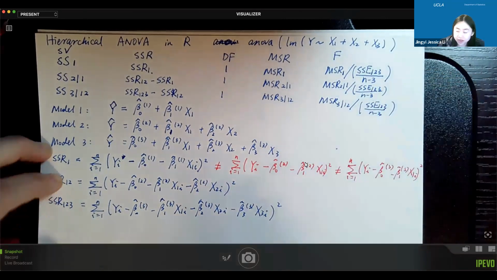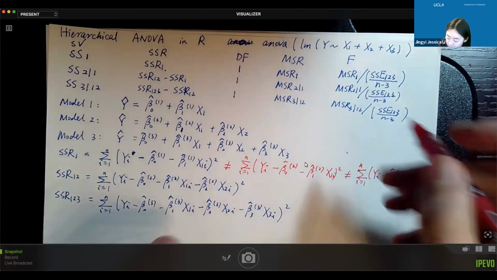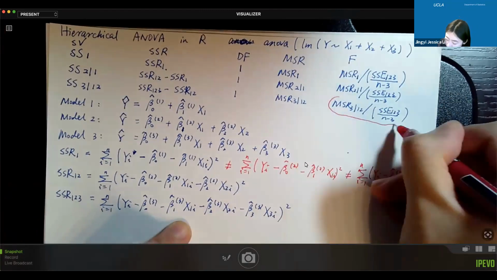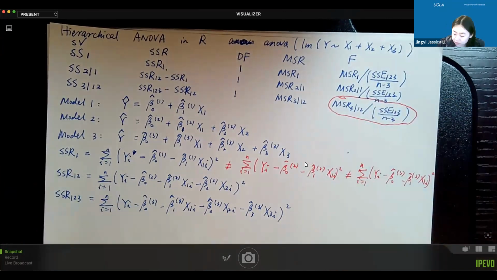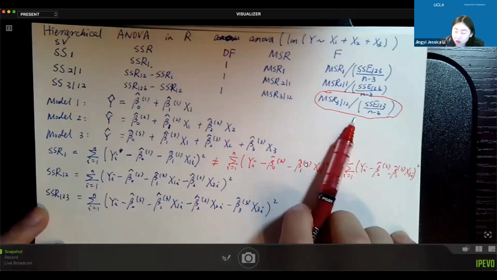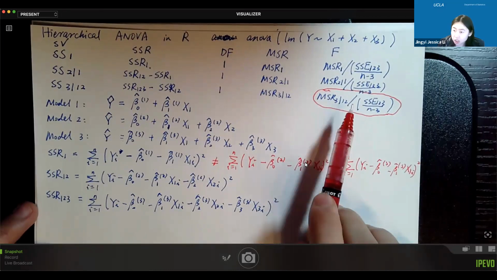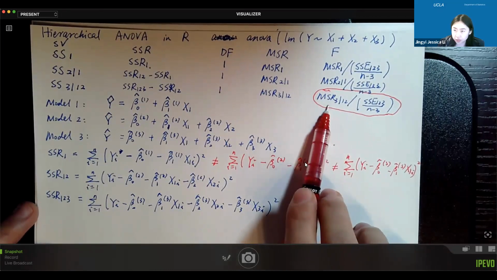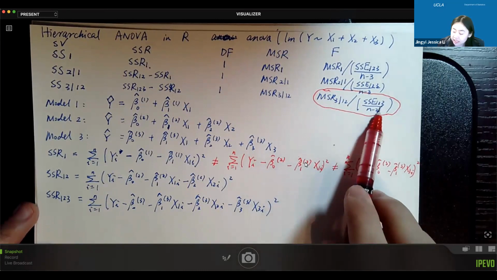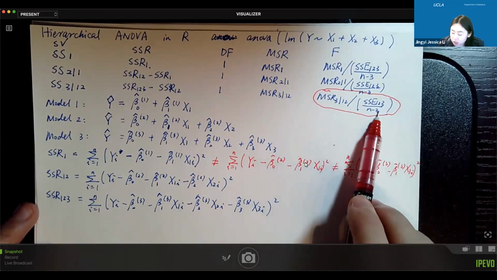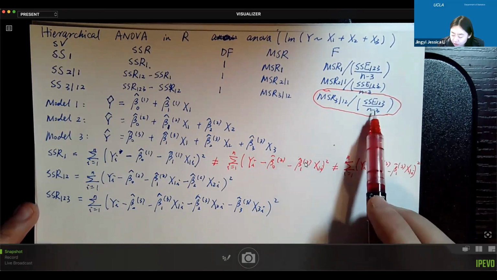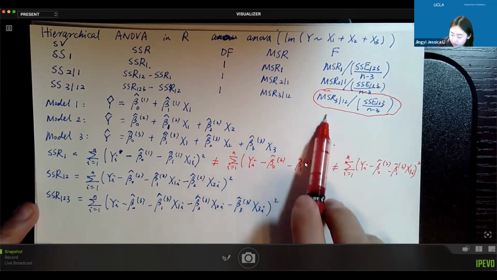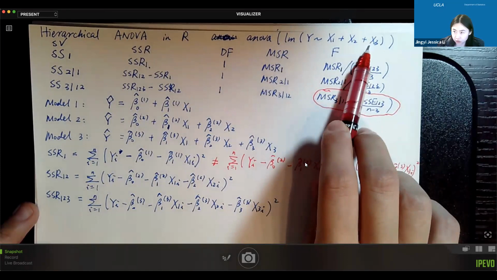Previously, what I said is that we only look at this last row. That makes more sense. This row means that given 1 and 2, what's the additional contribution of predictor 3? I said that this is equivalent to doing a t-test for the coefficient of predictor 3, whether it has a 0 coefficient or not.